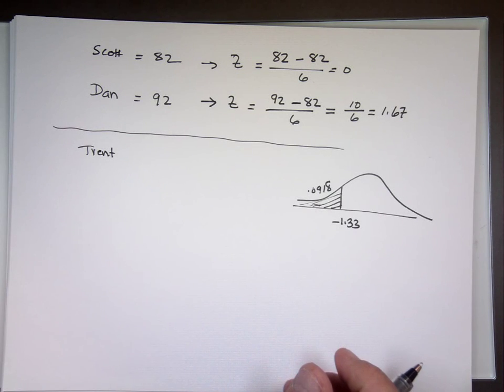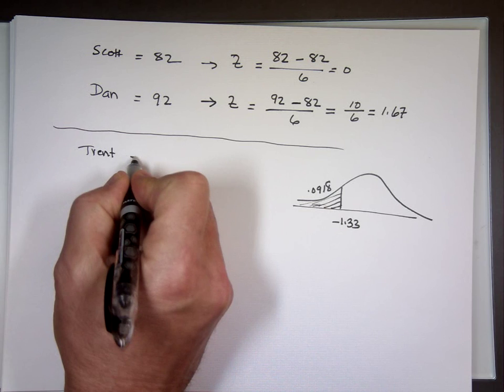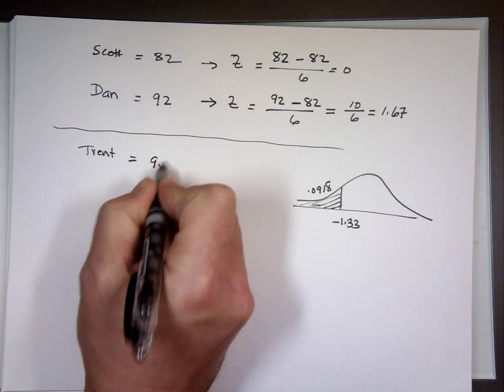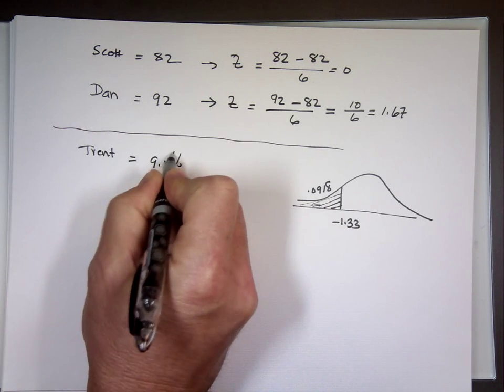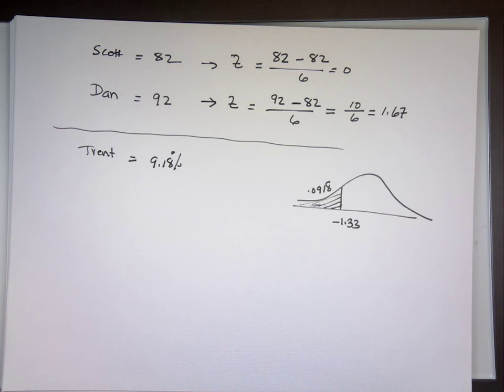So it doesn't look good for you, Trent. Why? What percent of the class scored below your score? Only 9%. Only 9% of the class scored below your score.